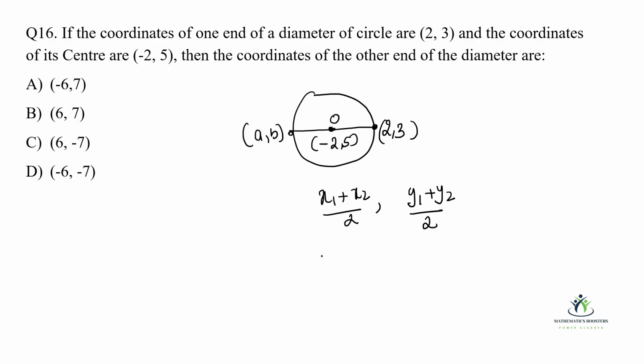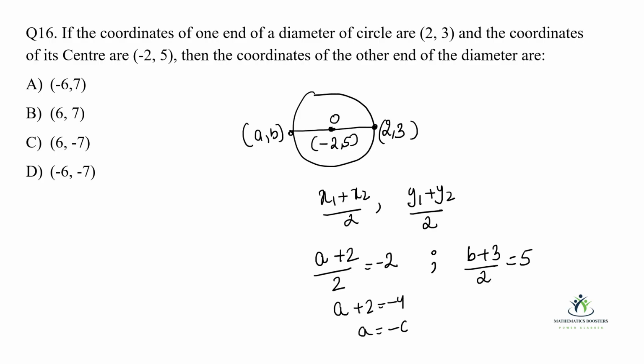Replace: (A plus 2) upon 2 is equal to negative 2. This is for x. (B plus 3) upon 2 is equal to 5. This is for y. So A plus 2 is negative 4. A is negative 6. Here B plus 3 is 10. B is equal to 7.